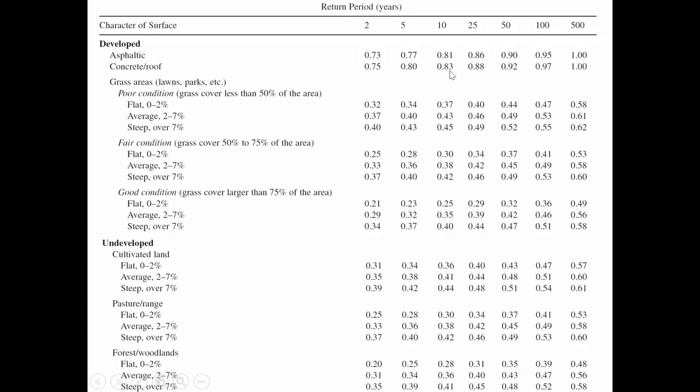And you'll notice the C value is going up. So what they're saying is that if you only have a 5-year storm, 80% of the water will run off. But in a 50-year storm, 92% of the water is going to run off.